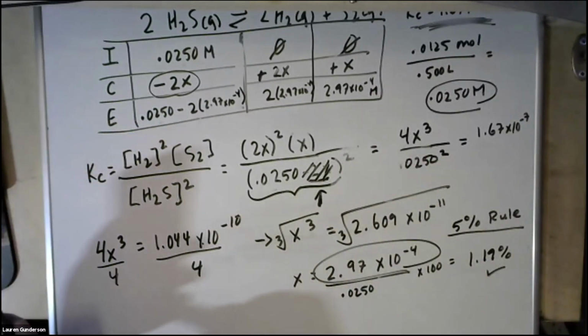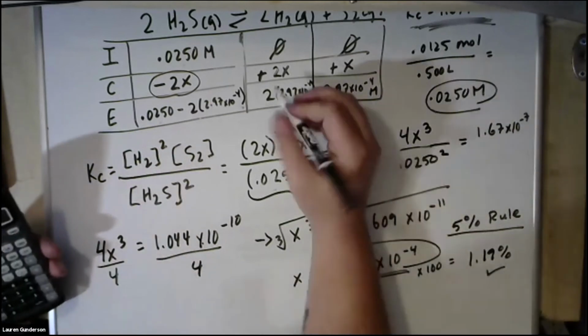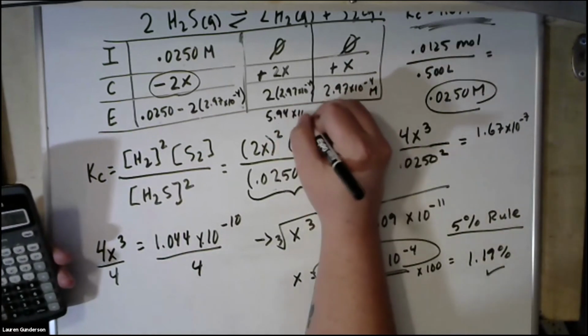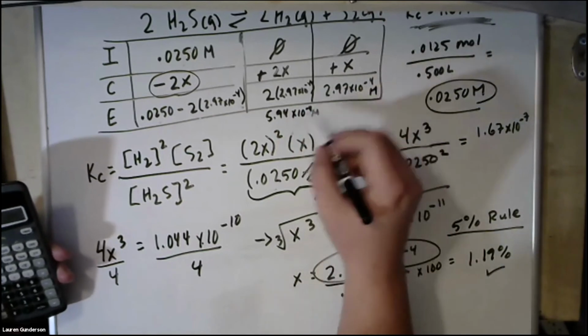Okay, so 2 times 2.97 times 10 to the negative 4 is going to be 5.94 times 10 to the negative 4.